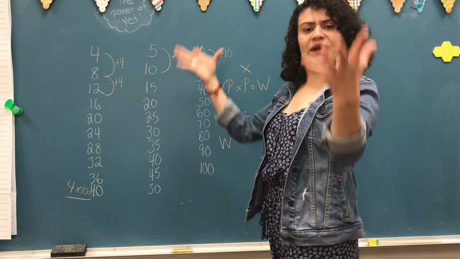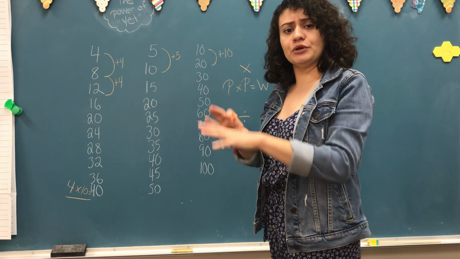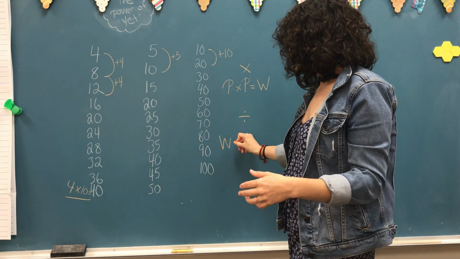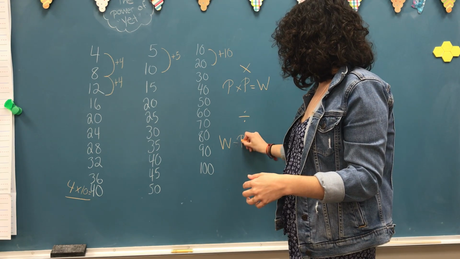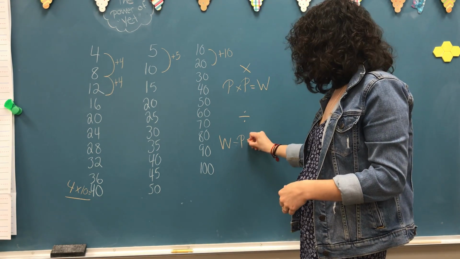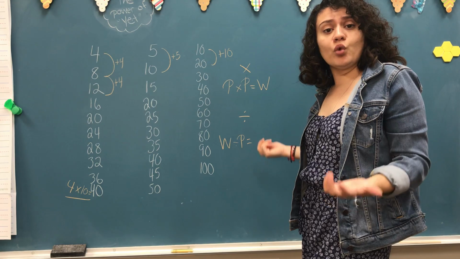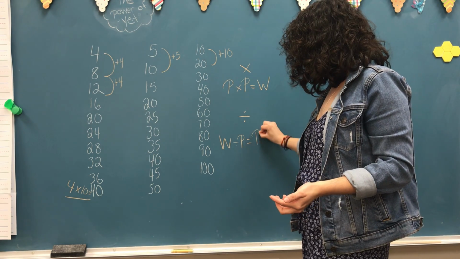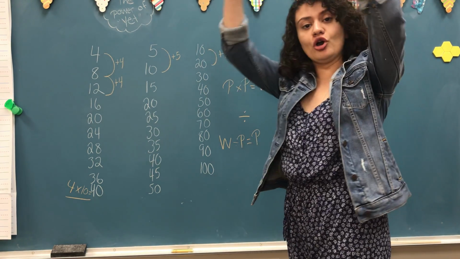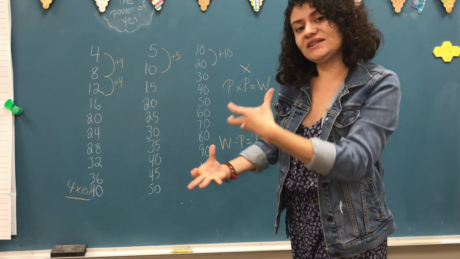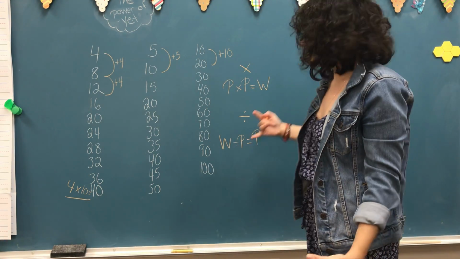I have 28 cookies. I can put 4 cookies, that's a part, on each plate. How many plates would I need? Another part. So you're taking the whole and breaking it down into the 2 parts, right?